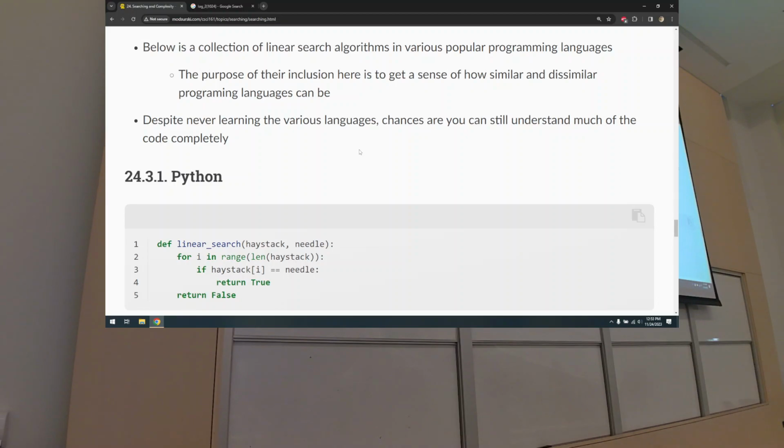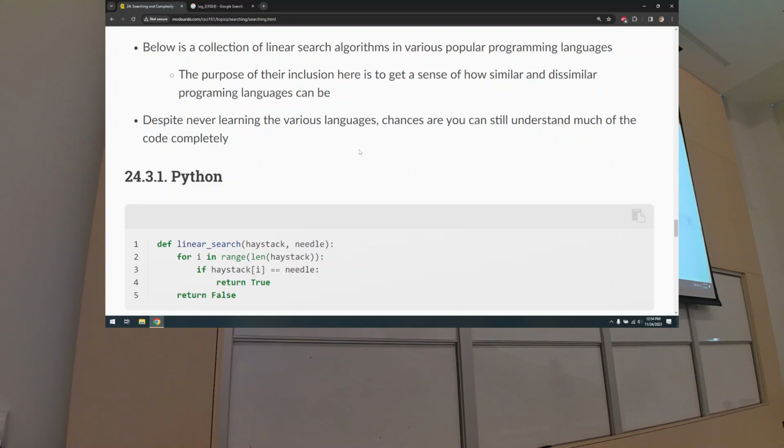Let's break down this Python code. We start with the function definition. The first line is just the name of the function and the parameters. Inside of it, we've got a for loop that goes from 0 to the length of the list minus 1.